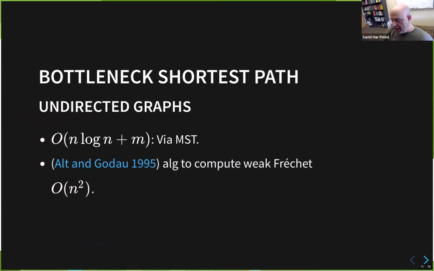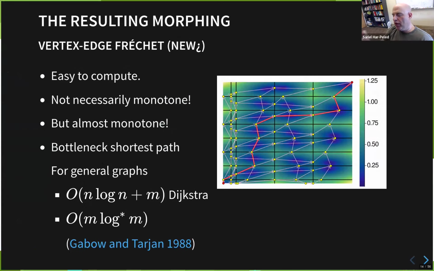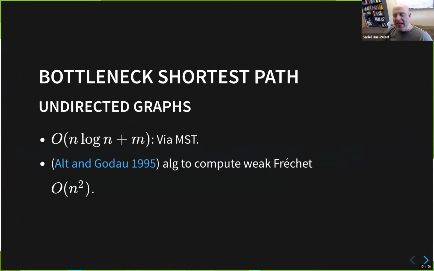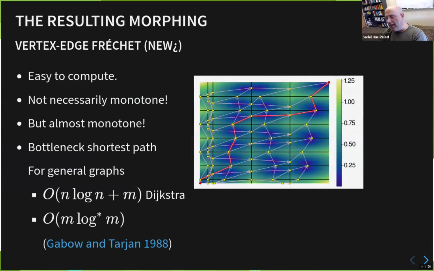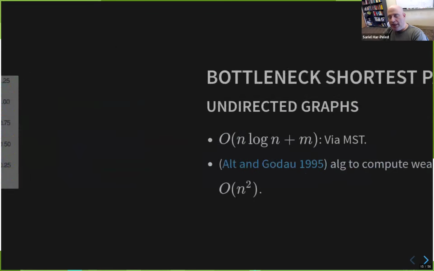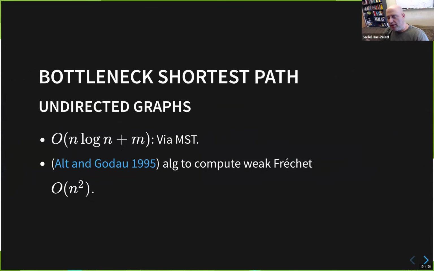Now, I would like to say that this idea of looking at the portals and looking at the edges and doing this bottleneck shortest path, this idea is really not that new, right? So if you look at the original paper by Alt and Godau, they looked at the undirected case, and they looked at the same graph, but now it was undirected. And on this undirected graph, they computed the bottleneck shortest path.